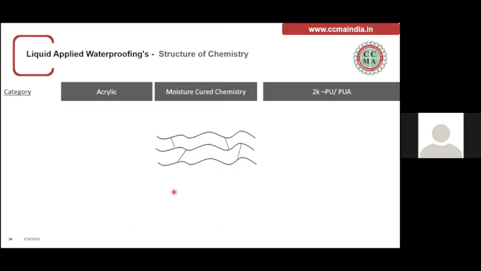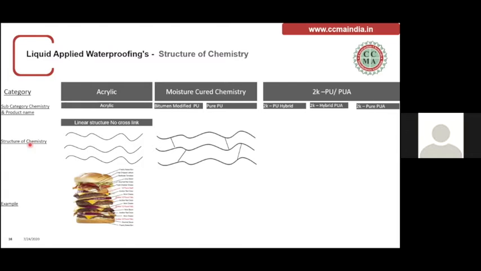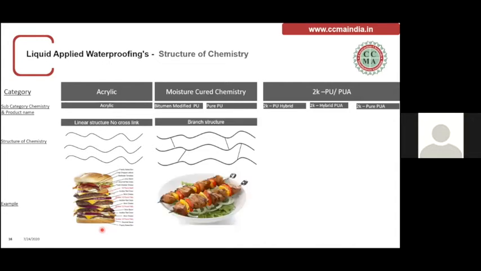Now, if we talk about the chemistry, acrylic waterproofing is more like a linear chemistry, just like a burger. No layer of the burger is interlinked to each other. Moisture cured polyurethanes are more like a branched chemistry.